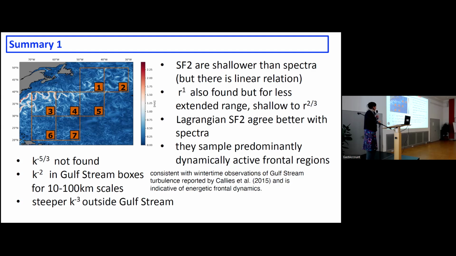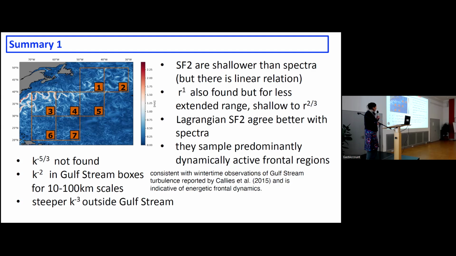And this k to the minus 2 is consistent with what is also found in this region from observations of Gulf Stream turbulence. And you can explain this minus 2 by frontal dynamics in the mixed layer.